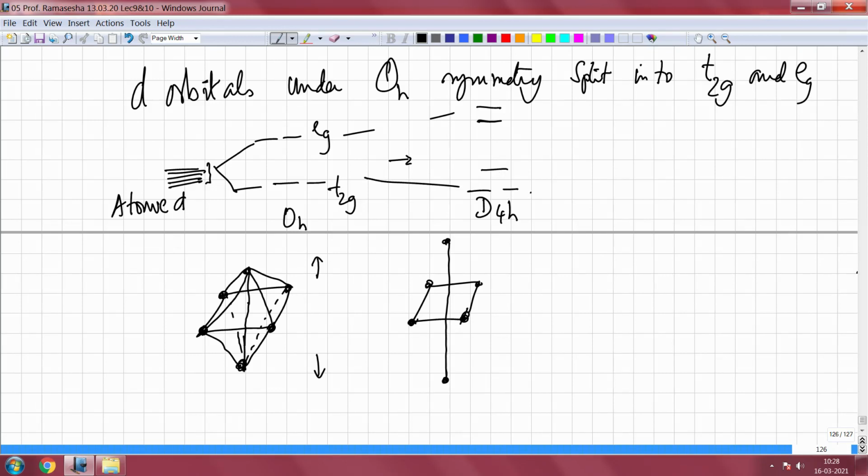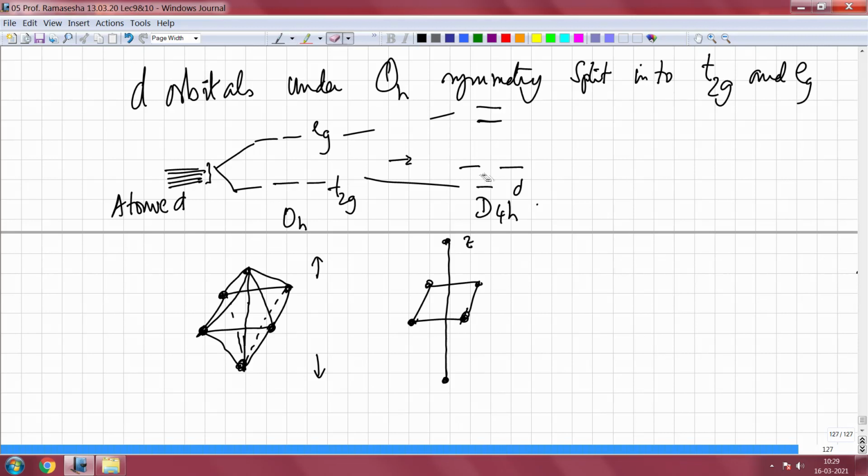For example, this will be dyz, the lowest, and this will be, sorry, the splitting will be slightly different. The one at the lower end will be dxy, because this is the z axis. So, along the z axis I have moved the orbitals away.